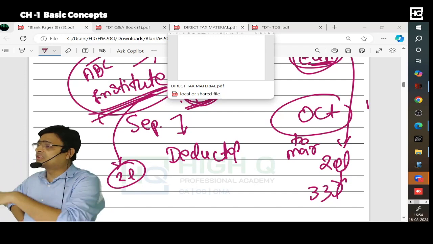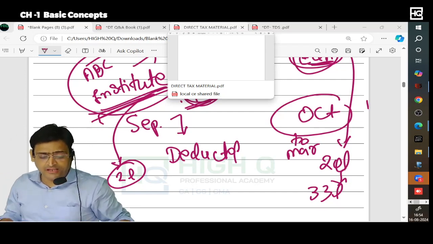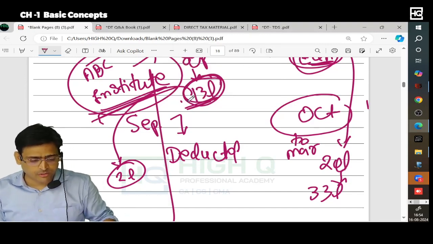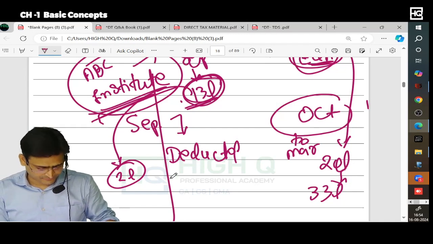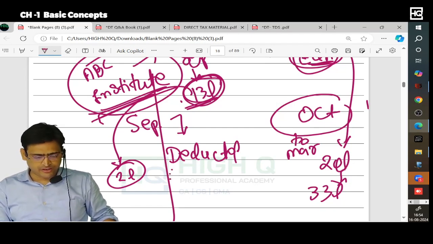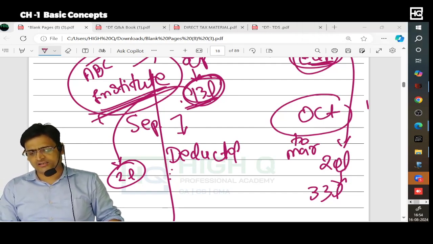If the employee is working with more than one employer, whether income from all the employers will be taken together for the purpose of deducting TDS, or they will do it individually? They will take it together. For losses, house property loss they will consider.